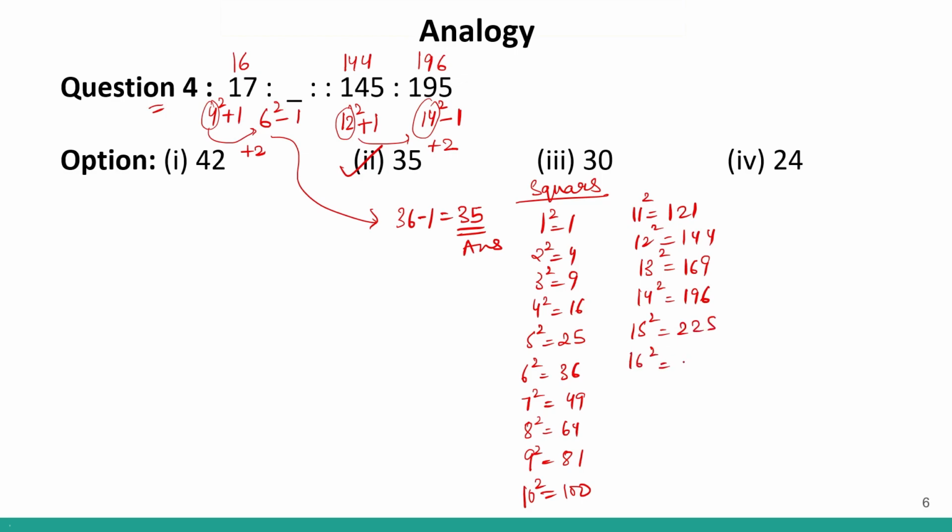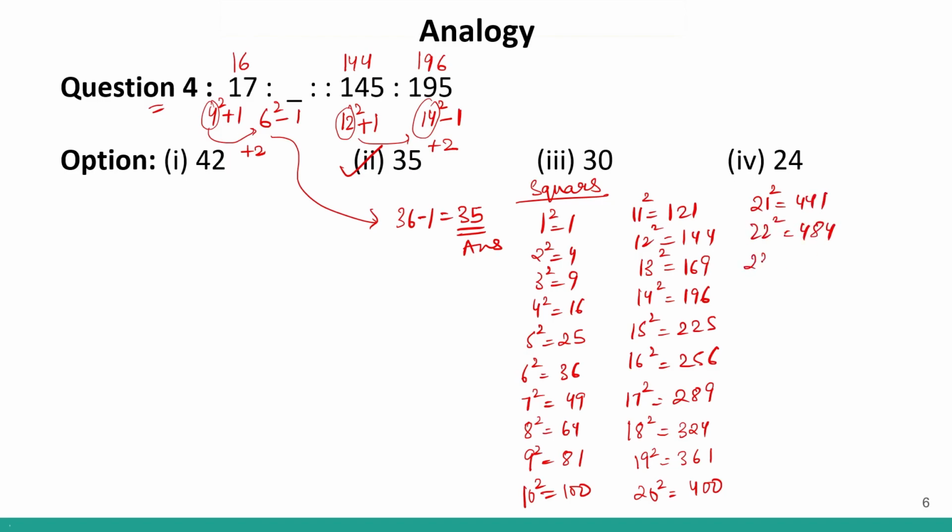Then we have 16 square of 256. 17 square? 289. We have 18 square, which is 324. 19 square is 361. And we have 20 square, which is 400. Then we have 21 square, which is 441. 22 square, which is 484. 23 square, which is 529. 24 square, 576. 25 square is 625.